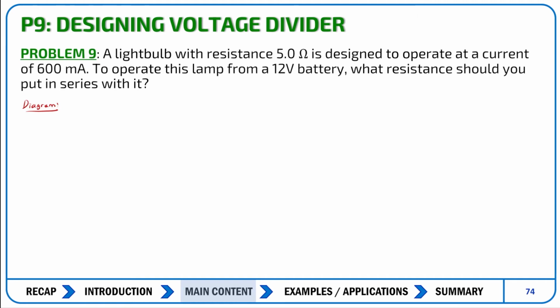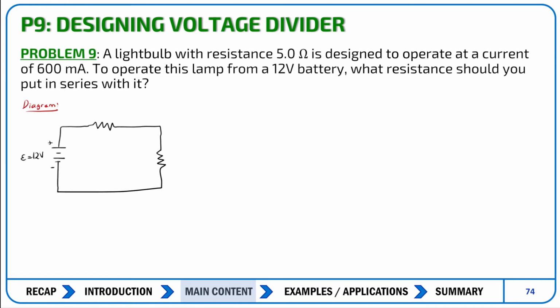We know there is a battery, a 12-volt battery. So we have plus, minus, and this is called 12 volts. There's a light bulb with a resistance, so we use that. And what resistance should we put in series with it?